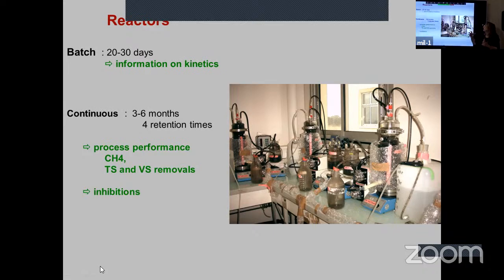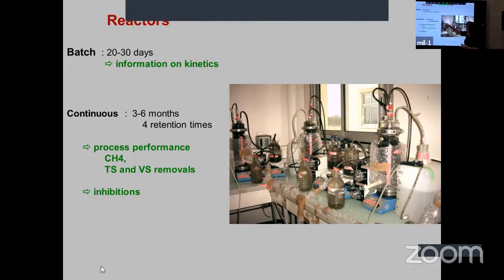If the volume is high enough, and if you make some repetitions, you can get some information on the kinetics. But the most important thing is the continuous reactor, to be able to estimate the performance you can have at full scale.